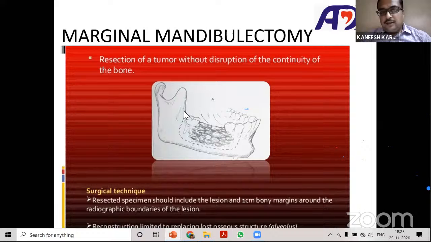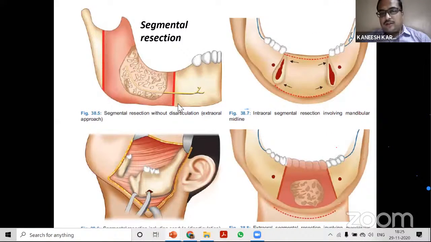We remove the tumor along with some normal bone with the inferior border intact. This is called marginal mandibulectomy or en bloc resection. Segmental resection is we remove the mandible along with the inferior border. The entire mandible of that segment is removed. Okay, that is called segmental resection.